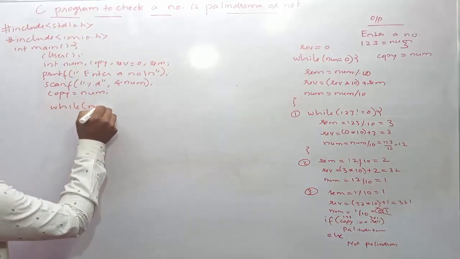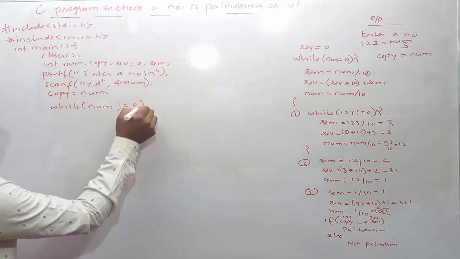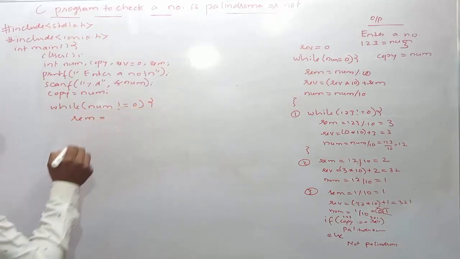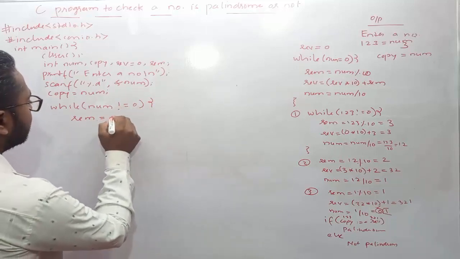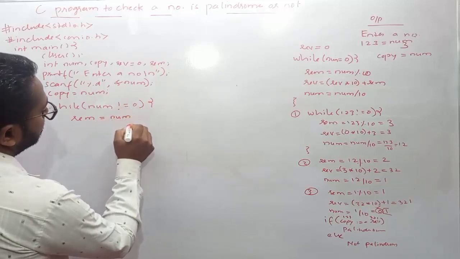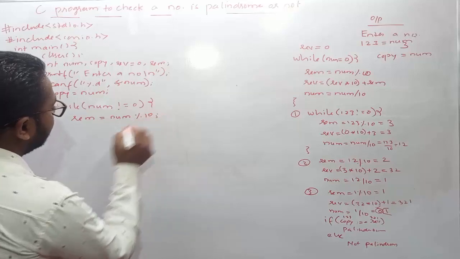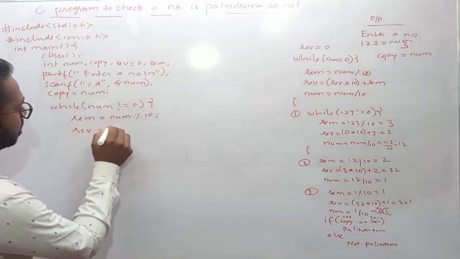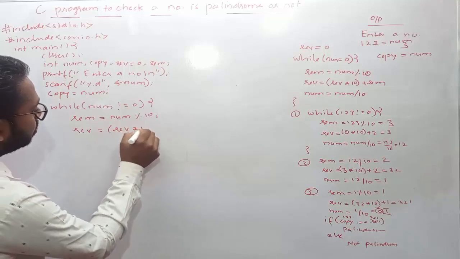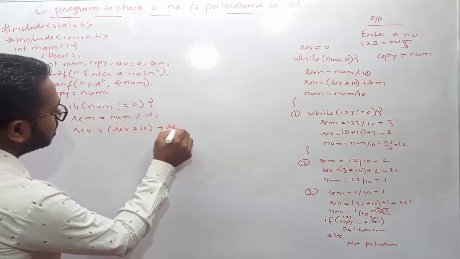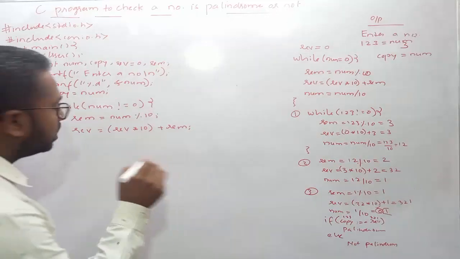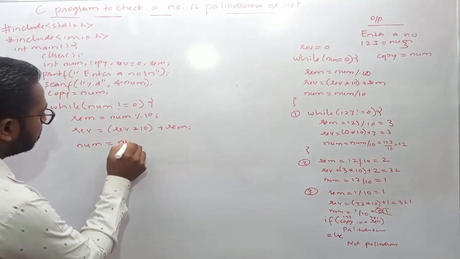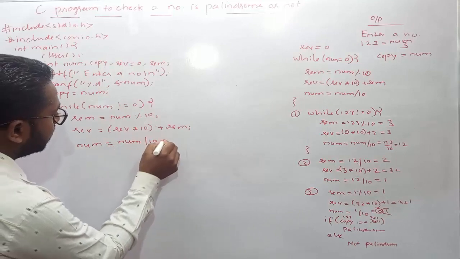While num is not equals to 0, then first step, finding the reminder, reminder equals to num mod 10. Then second step is reversing, reverse equals reverse into 10 plus reminder. Then third step is reducing the number, num equals to num by 10.